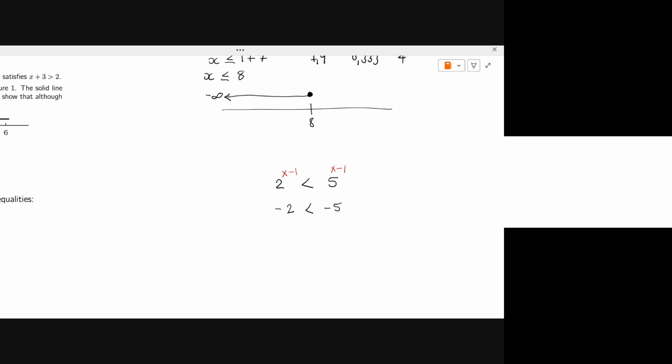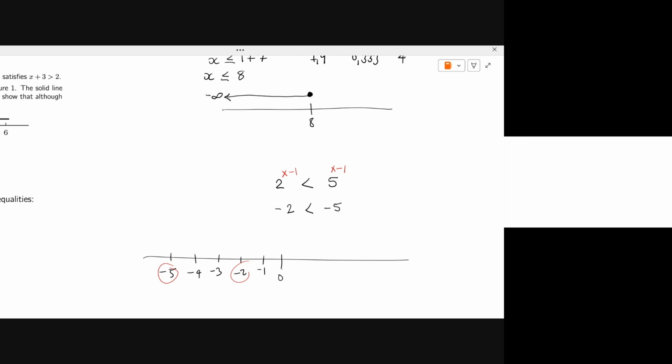Ooh, what's wrong with that statement? That's not true, right? Because if we look on a number line, here's 0. That's negative 1, negative 2, negative 3, negative 4, negative 5. Last time I checked, negative 2 is closer to 0 than negative 5 is.